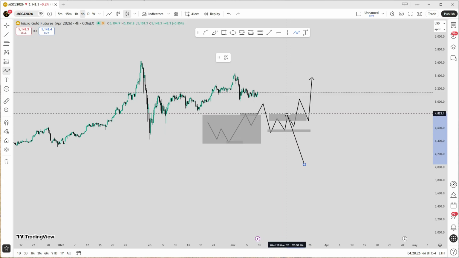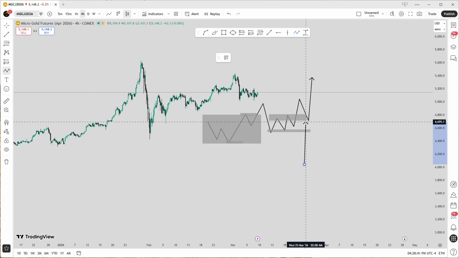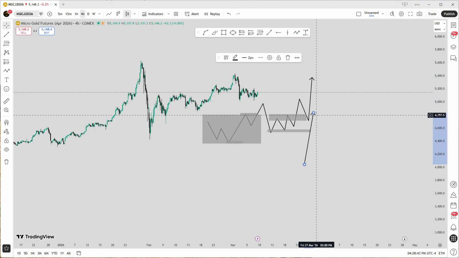We're not so sure what's going to happen here. If you enter a trade here, the market can go lower or it can go higher. You need something predictable to go off of.